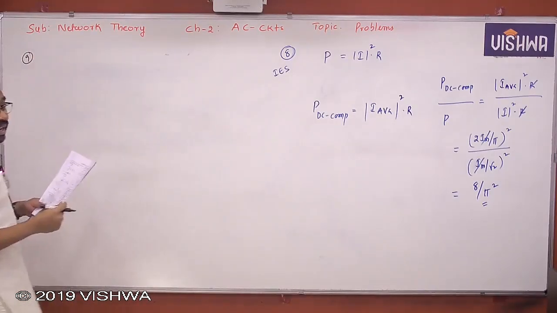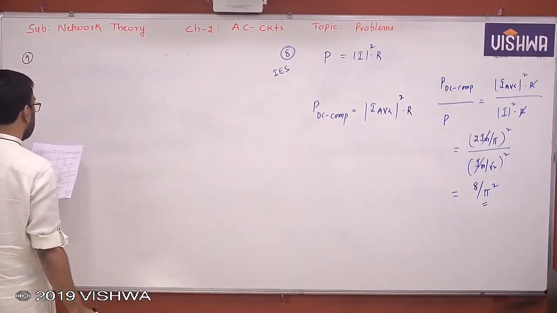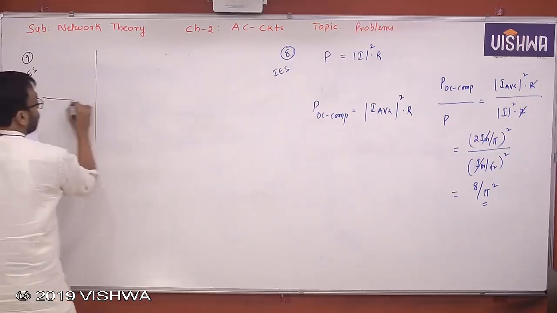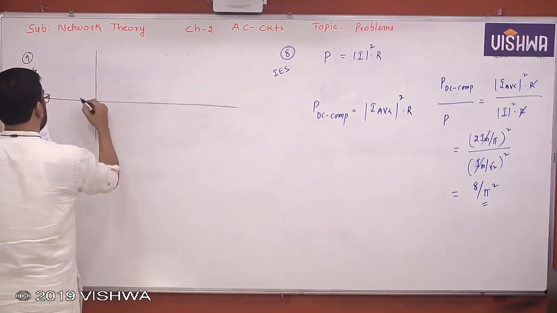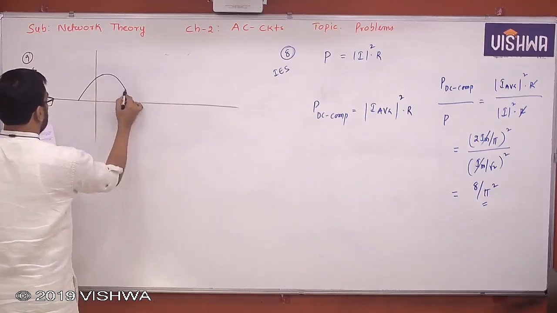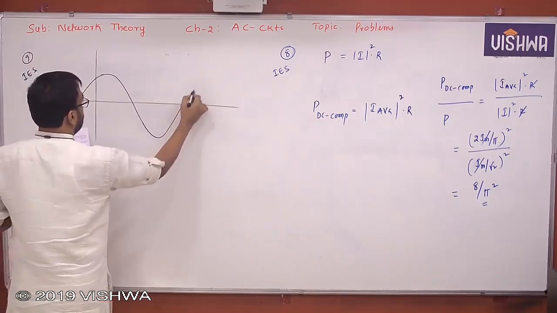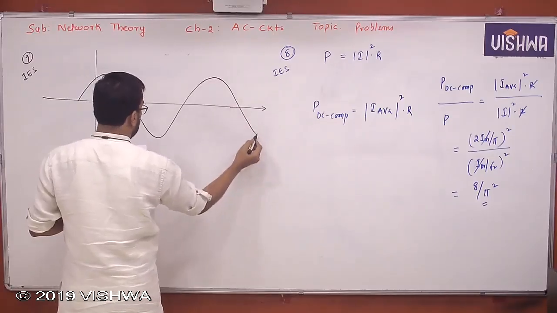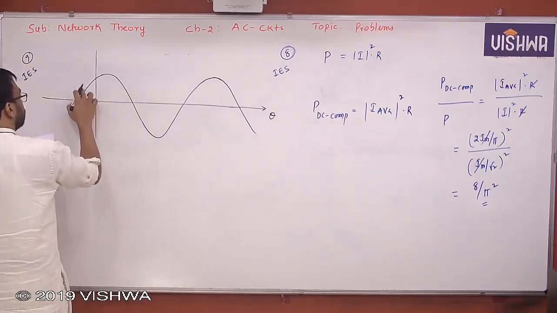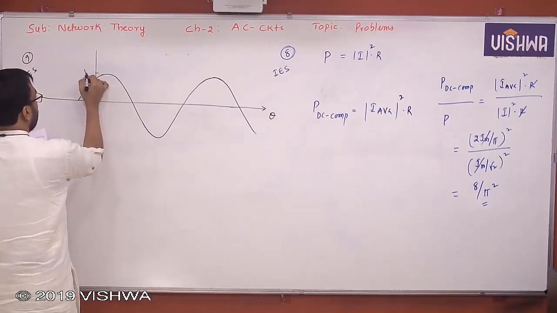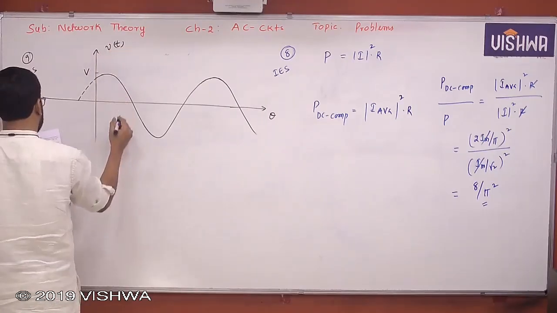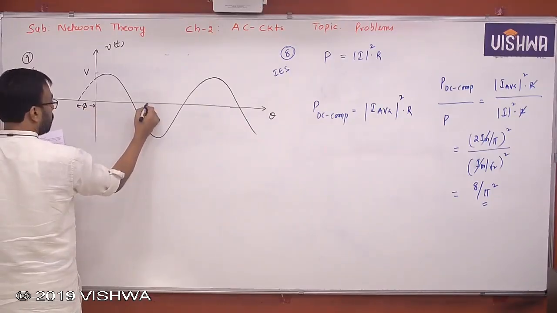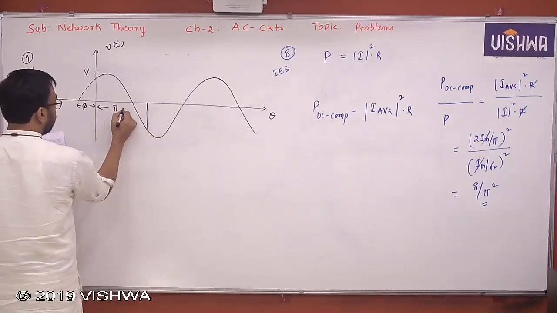The average value of a periodic function V of t of the given figure is, this question was also asked in IES. The signal starts at an angle phi, and the period runs up to 2 pi and so on.